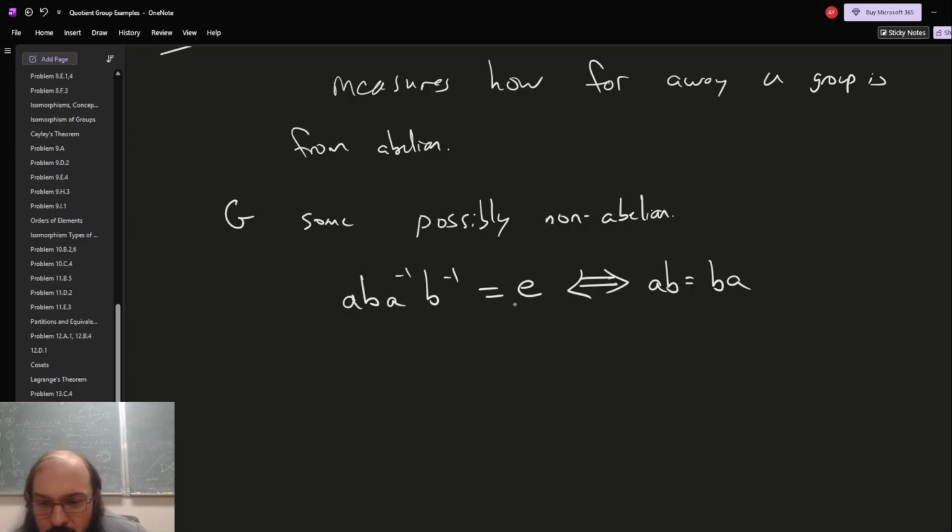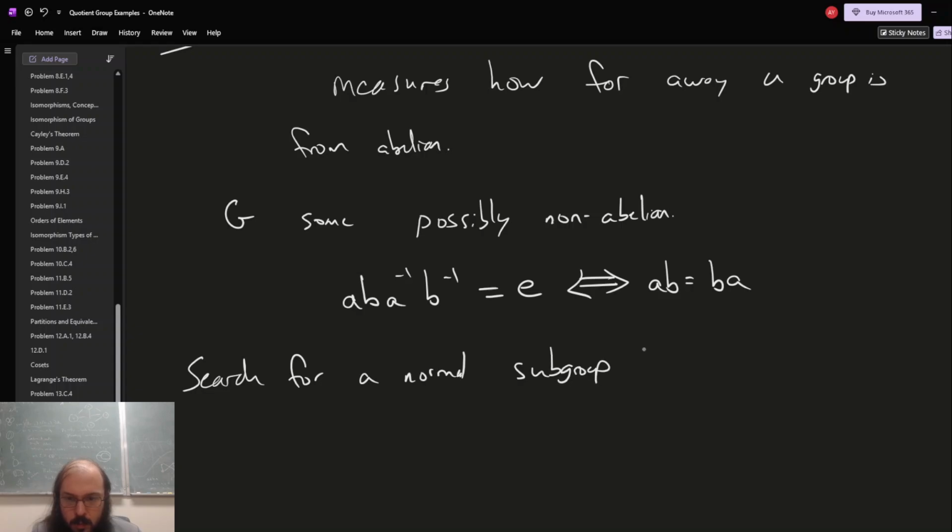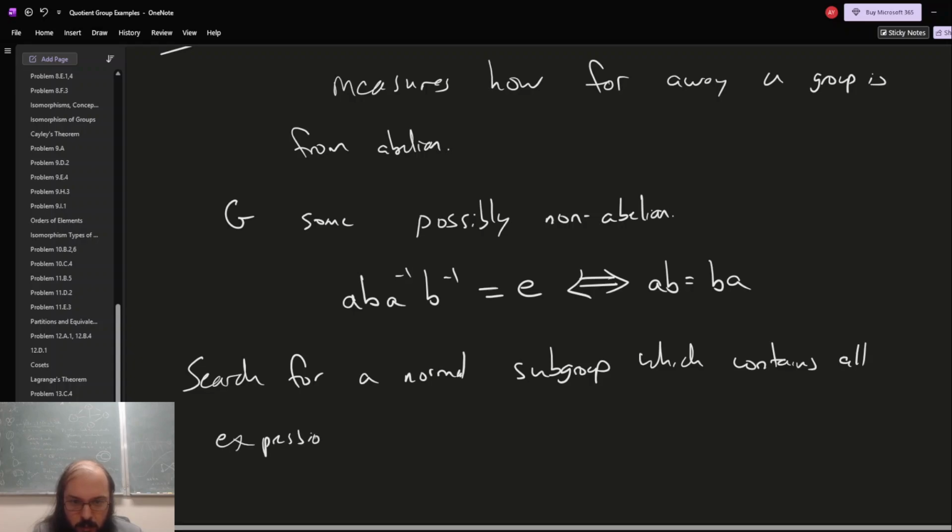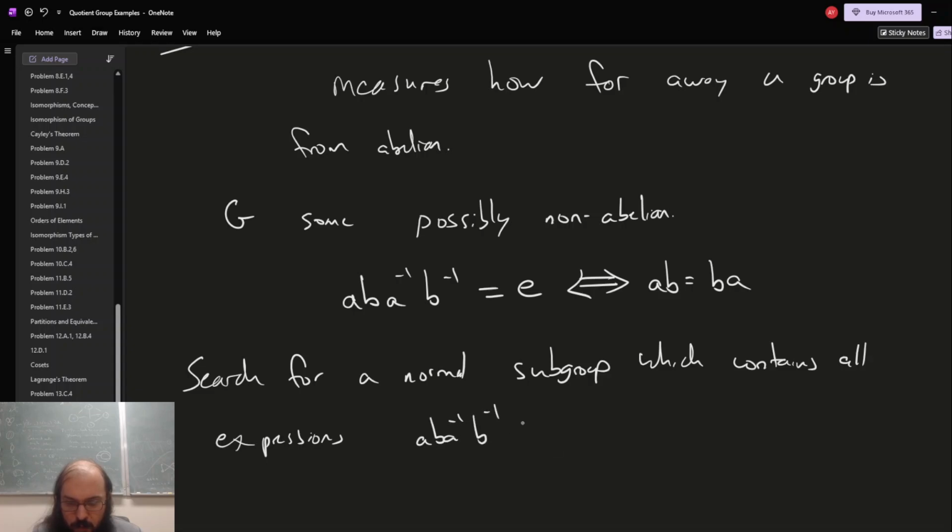So in other words, we are led to search for a normal subgroup which contains all expressions of the form ABA inverse B inverse.